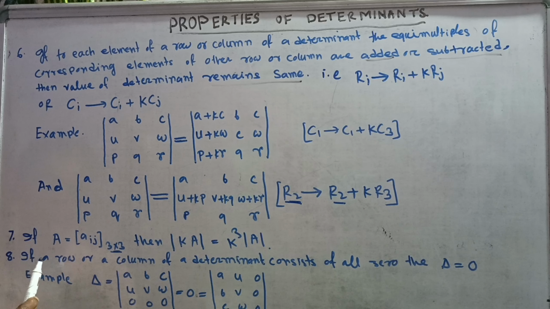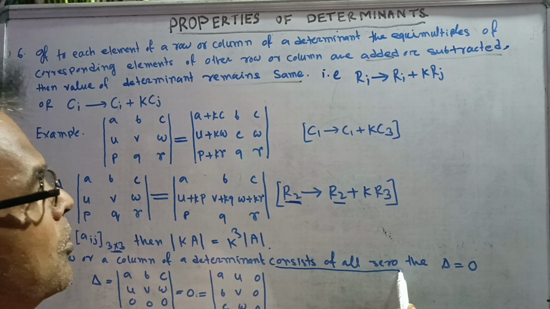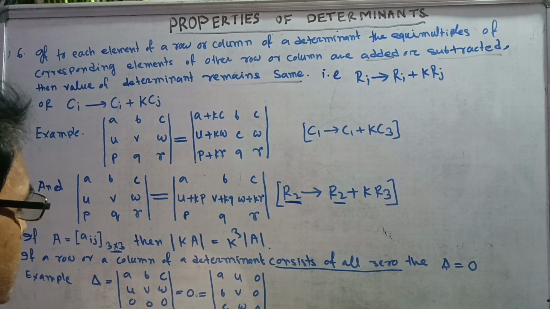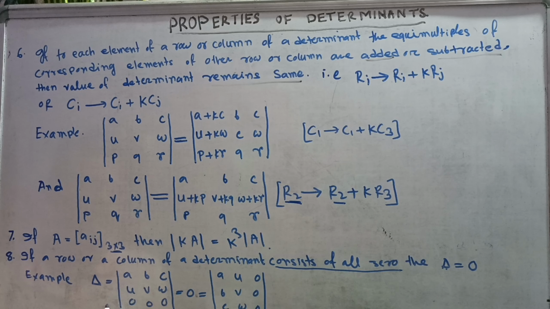Number 8: if a row or a column of a determinant consists of all 0, then the value of the determinant is equal to 0. For this determinant with rows a, b, c and u, v, w, the third row is 0, 0, 0. All elements of this row are zeros, therefore the value of the determinant is equal to 0.